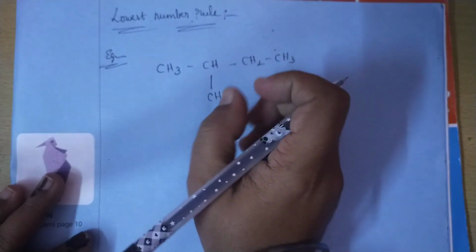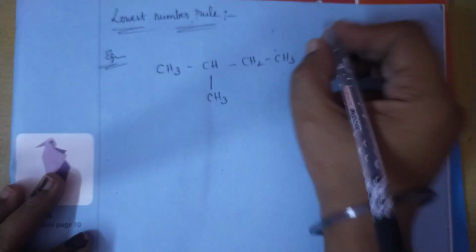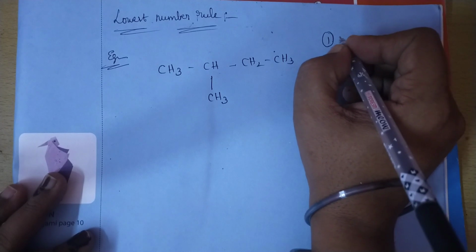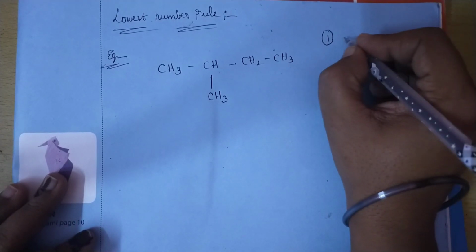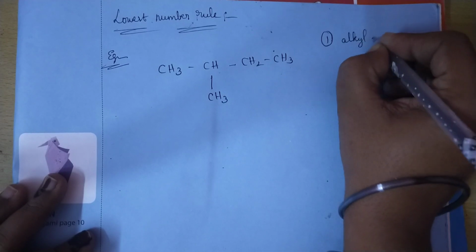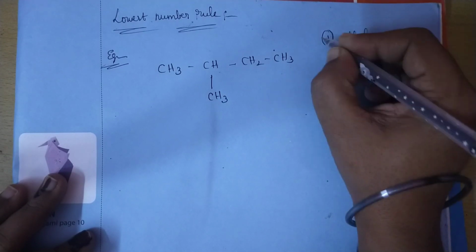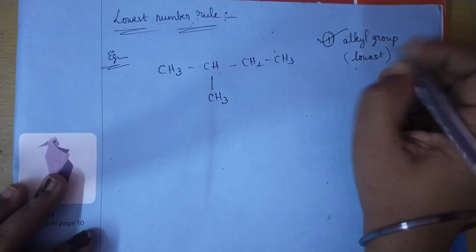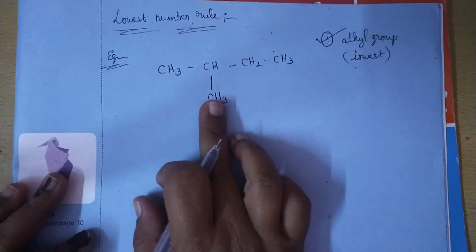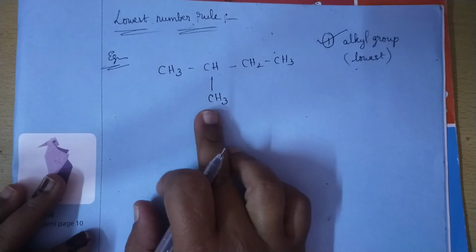Let's try to write the name for this. In this, the rule is we should give the lowest number to the branch, nothing but the alkyl group, in the chain. So if you see the structure, here it is, the alkyl group, so we should give it the lowest number.